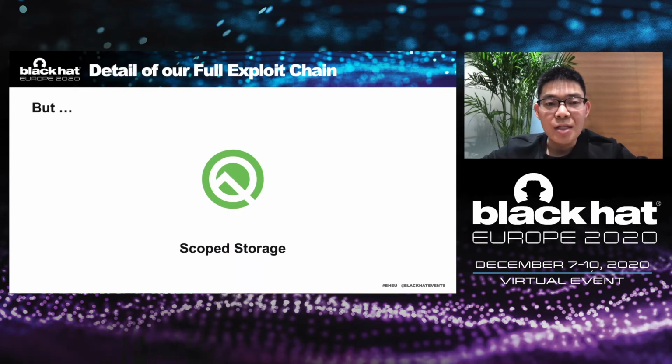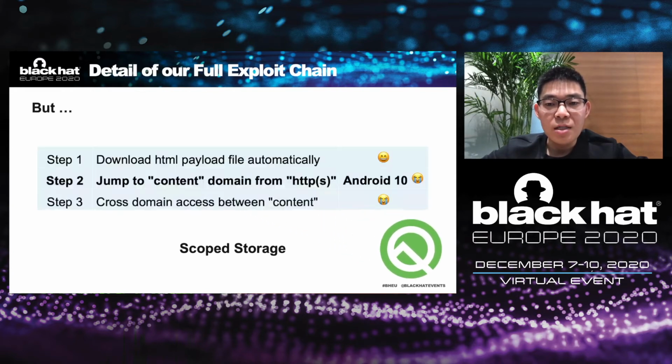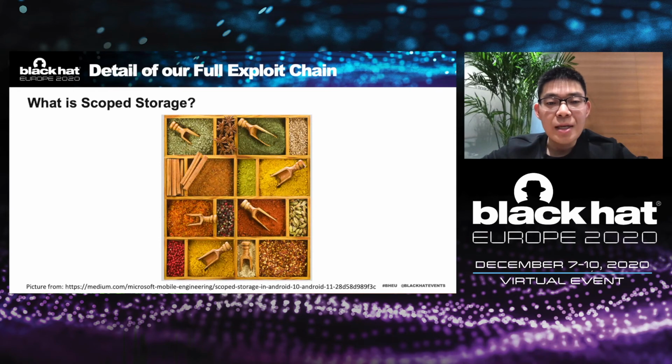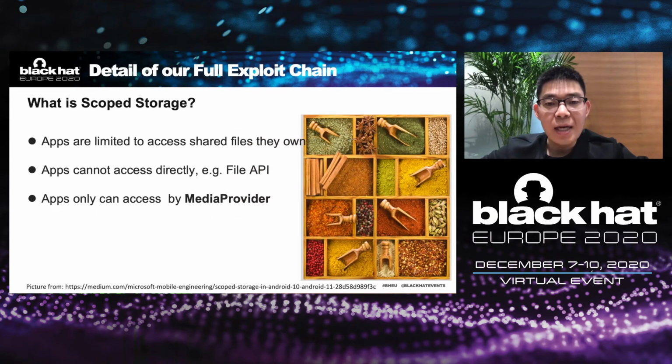But during our research, Android Q jumps out. And one security mitigation called scoped storage broke our step 2 on Android 10. What is scoped storage? It is a security mitigation on Android shared storage inspired by sandbox. Apps are limited to only access shared files they own, and cannot access shared storage directly, for example by file API.